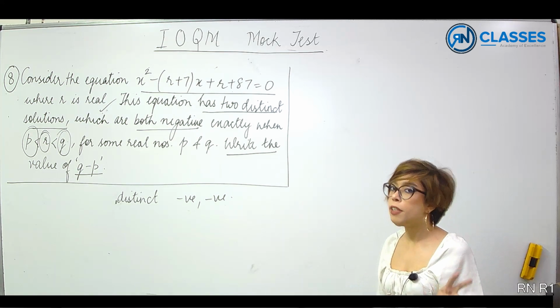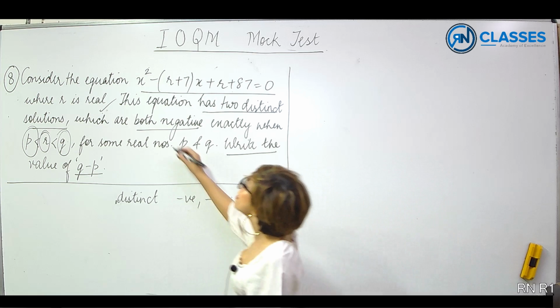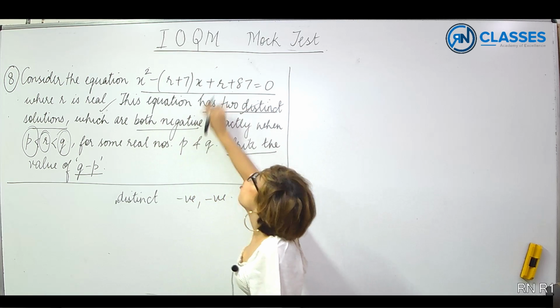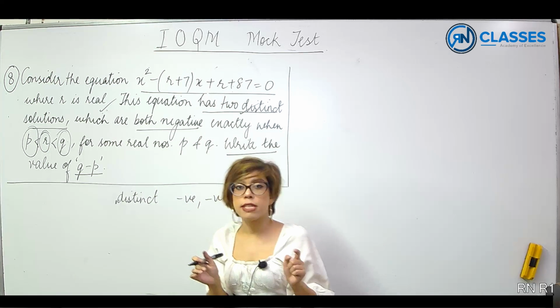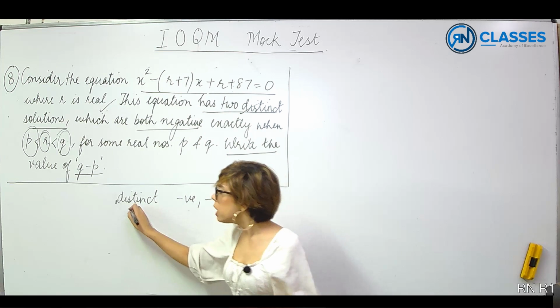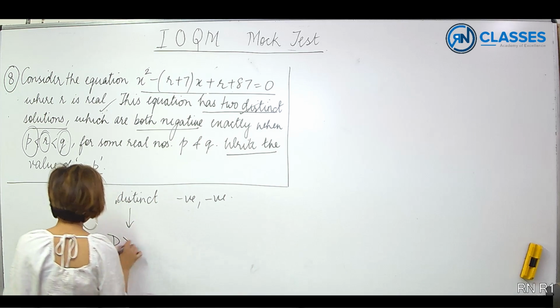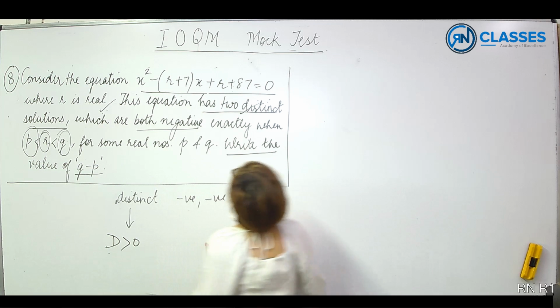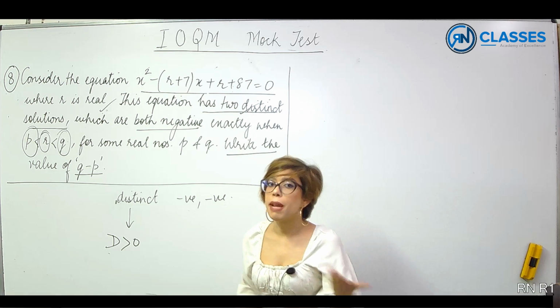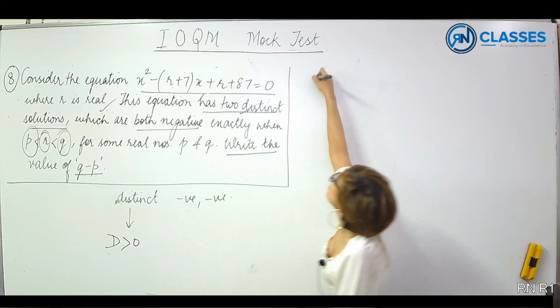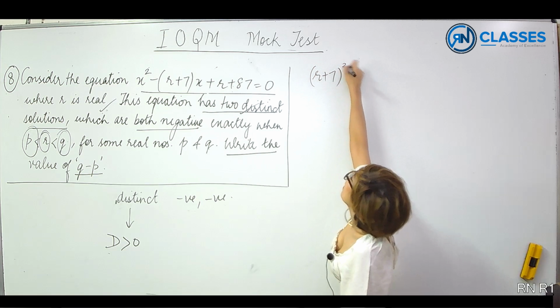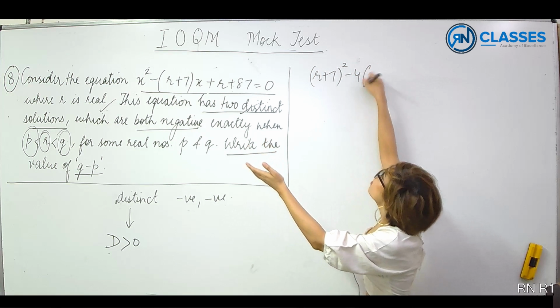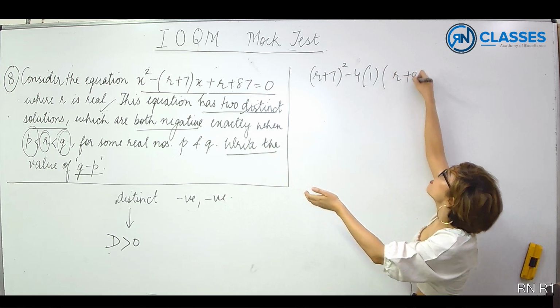Now 2 conditions are given to you. First is, it has distinct solutions. Right? A quadratic equation has distinct solutions. That means discriminant needs to be greater than 0. So let me write my discriminant. b square minus 4ac. So R plus 7 whole square minus 4 into a is obviously 1 into c, which is obviously R plus 8.